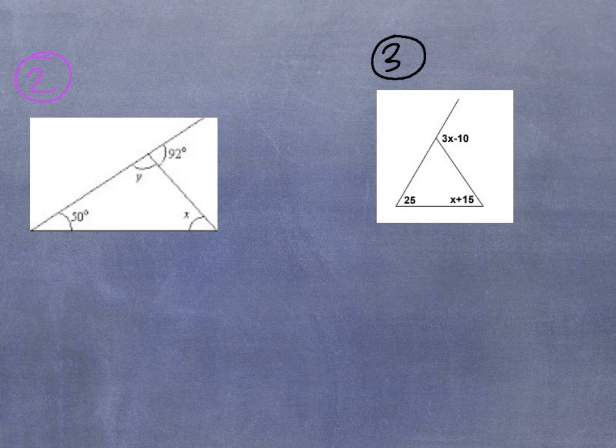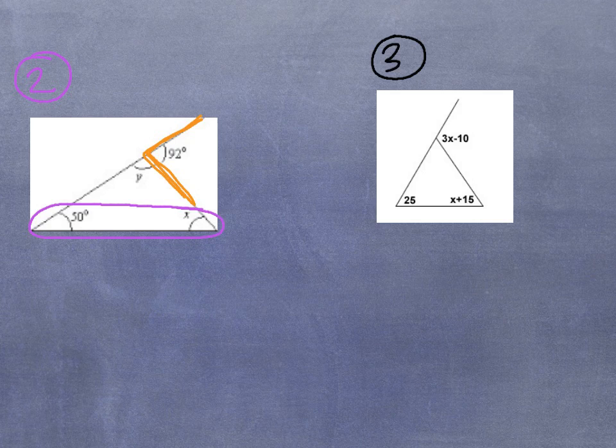Alright, so example number 2 here, our exterior angle is 92. It's right here at 92. So the rule we just had was that the opposite two angles, which in this picture are right here. These are my opposite two angles. The y would be the linear pair, so the y is not one of the opposite two angles in the triangle.